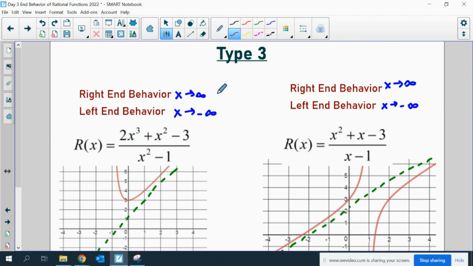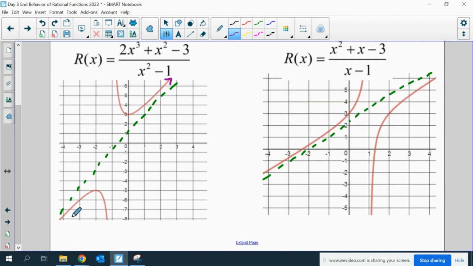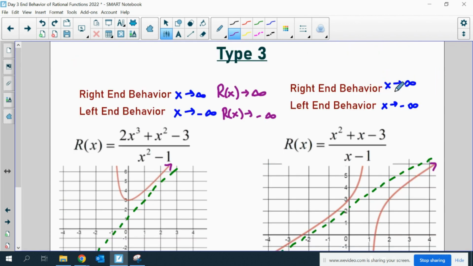So the function r of x is not going to any particular number. In this case, the function goes to either positive infinity or negative infinity as it's going off the graph. So r of x, in both cases here, as x goes to positive infinity, the y values also go to positive infinity.